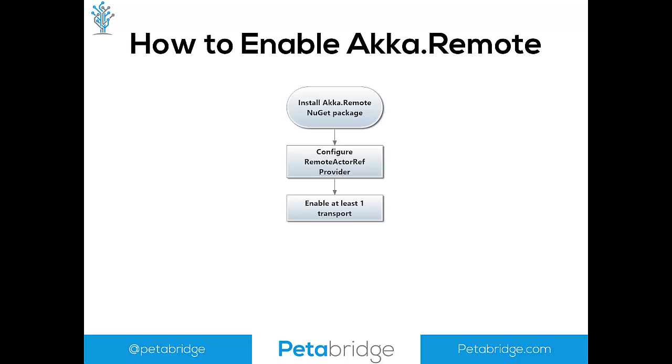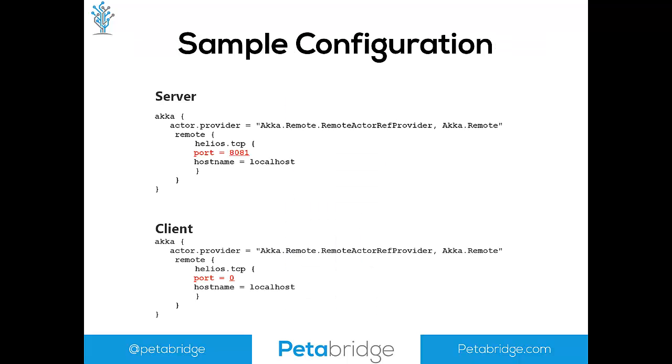Akka.Remote wouldn't be very useful if it didn't have some way of communicating over the network. Then you need to configure an address for each transport. So you need some IP address and port combination that each of the transports can use. And then you just start your actor system. And that's all it really takes to turn on Akka.Remote. It's pretty simple. And the configuration details for how you turn it on aren't so bad either.